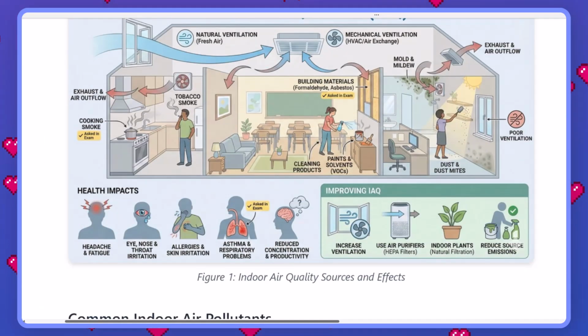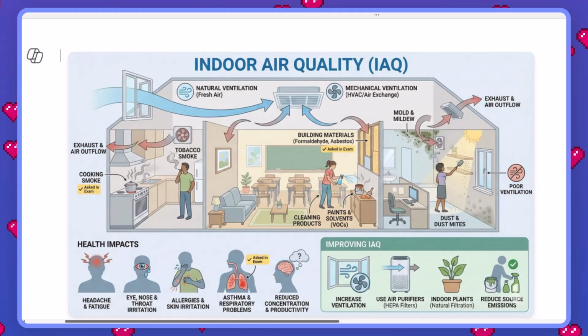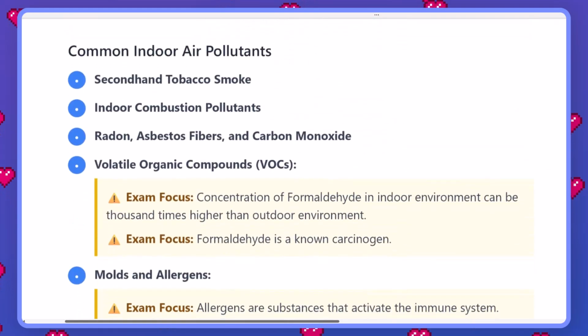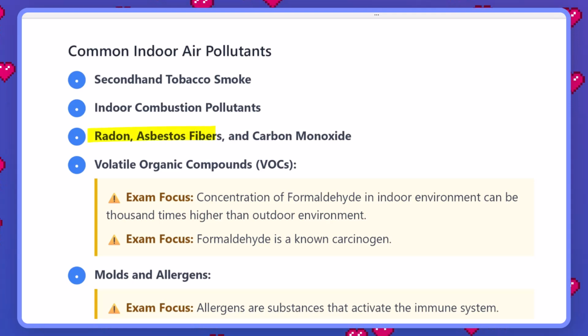To understand IAQ better, let's look at the common indoor air pollutants. One major source is second-hand tobacco smoke, which releases toxic chemicals into enclosed spaces. Indoor combustion activities also generate pollutants, including carbon monoxide. Other dangerous indoor pollutants include radon, asbestos, fibers, and carbon monoxide, all of which pose serious health risks.